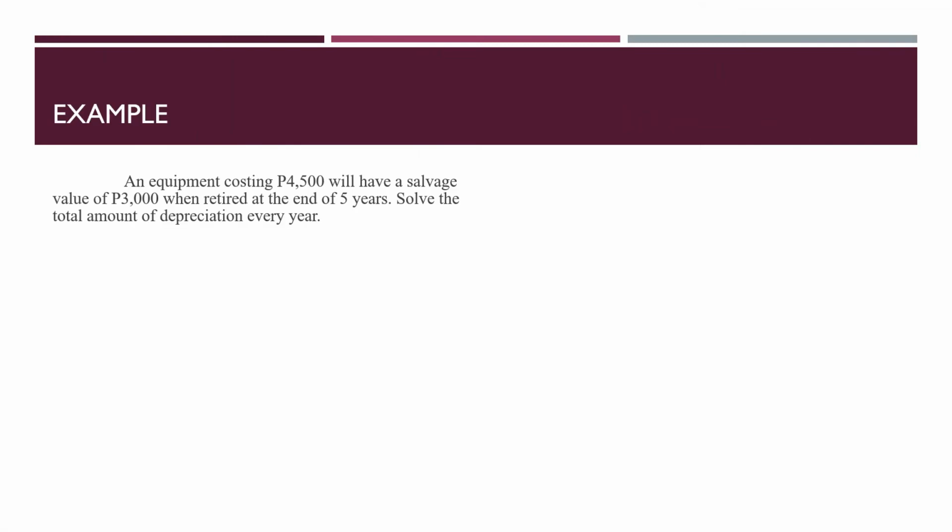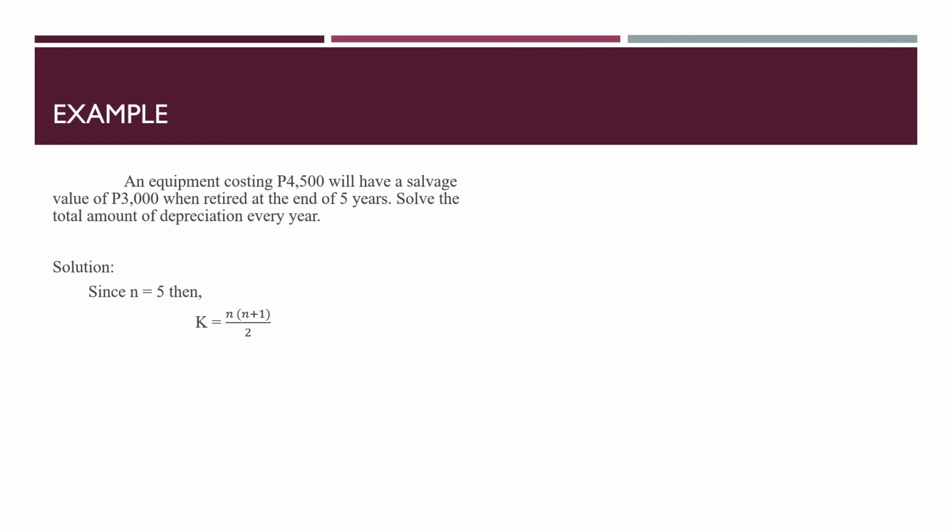We have here an example. An equipment costing 4,500 will have a salvage value of 3,000 pesos when retired at the end of 5 years. Solve the total amount of depreciation every year. So the solution: since n is equal to 5 years, then K is equal to n times the quantity n plus 1 all over 2.